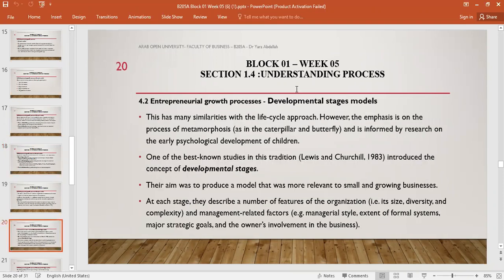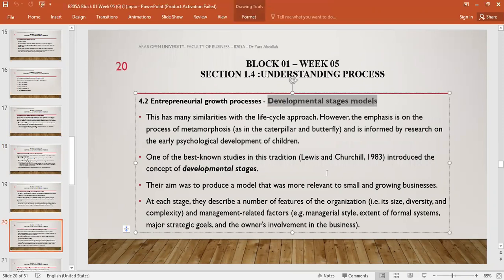We can transfer to another model, model number 2, which is the developmental stages model. This model is not concerned with the description of each phase.